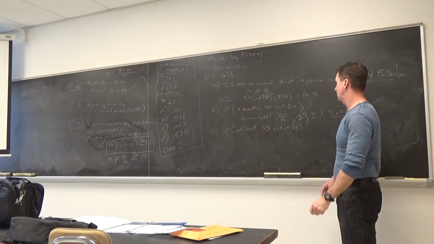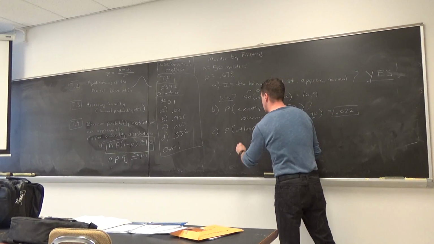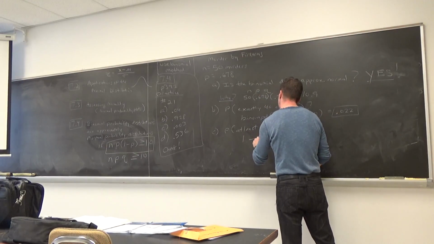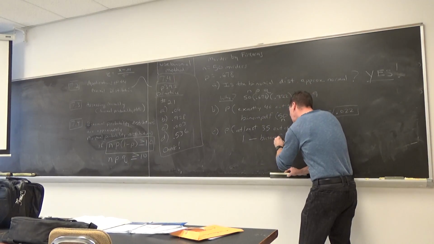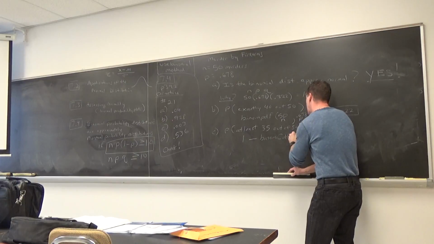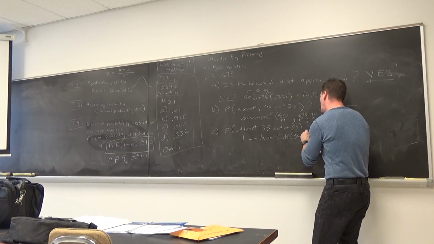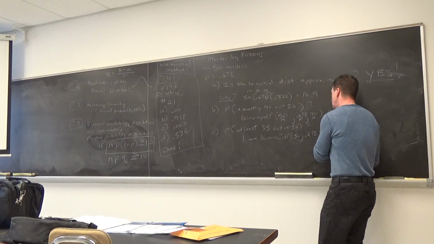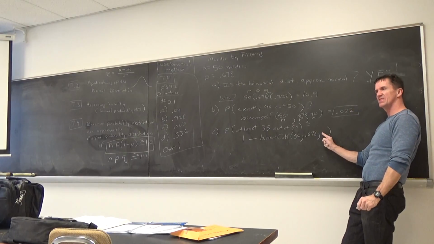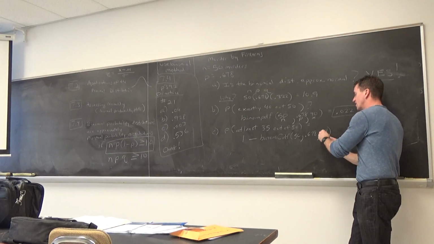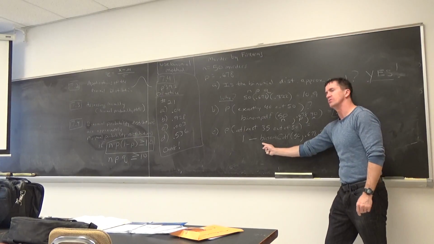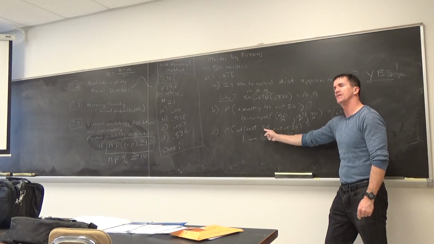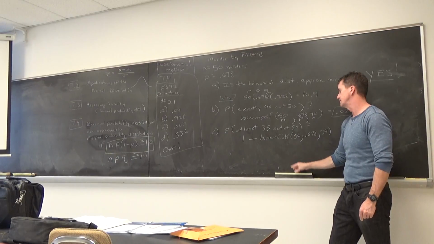I'm going to do 1 minus binom, not P, but C. The binom CDF. I'm going to accumulate all the way up to 34. And you know what I'm doing? I'm subtracting out 0 to 34, so I'm left with the 35 and higher. Does that make sense?